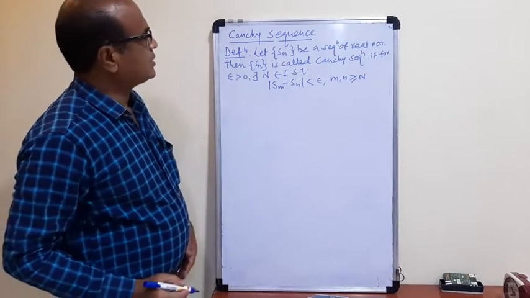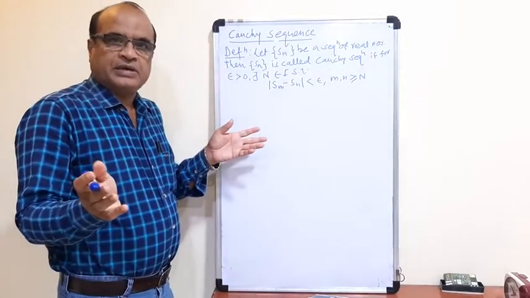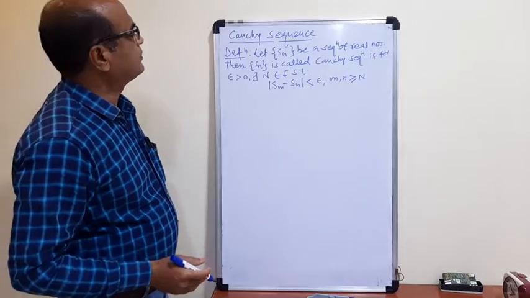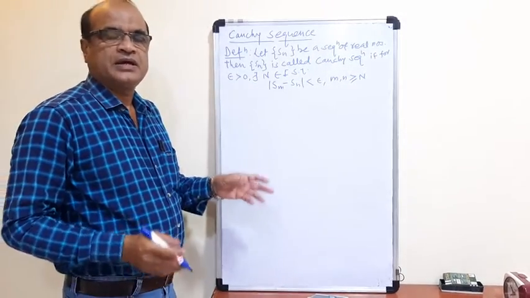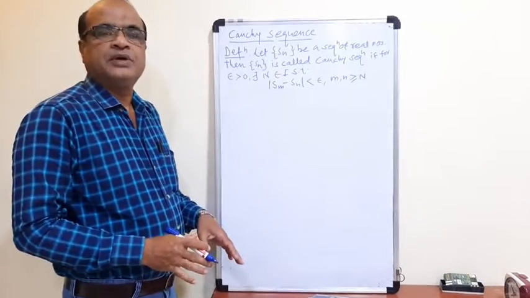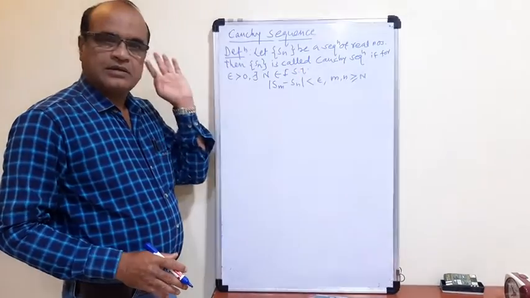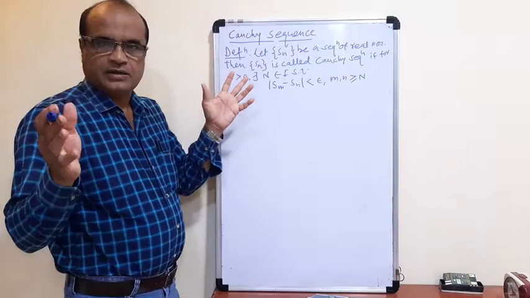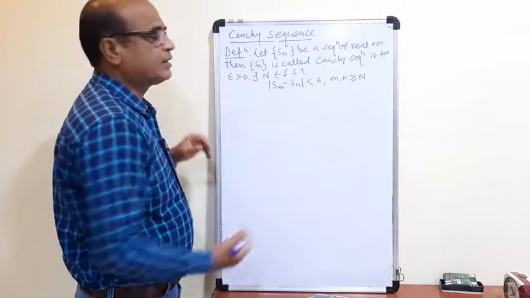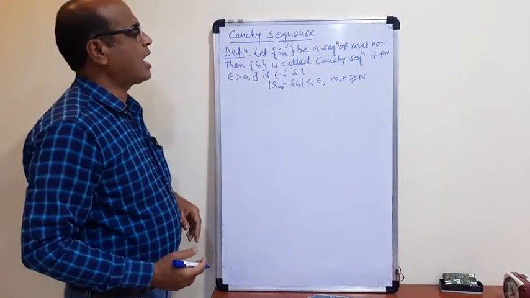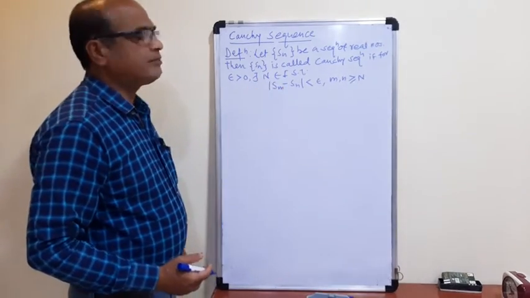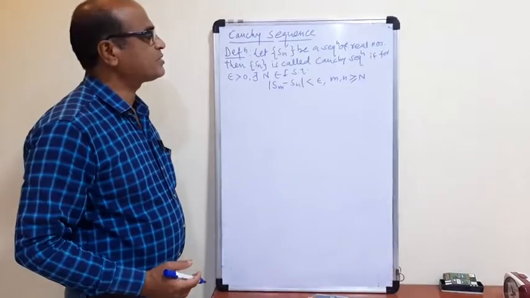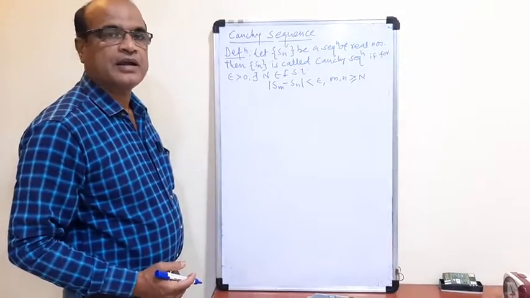Okay, so if Sn is a sequence of real numbers, then Sn is called a Cauchy sequence if for given epsilon positive there exists a big integer n belongs to I such that mod of Sm minus Sn is less than epsilon whenever m, n are greater than or equal to n.